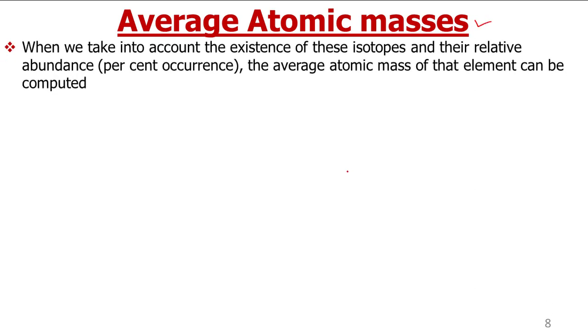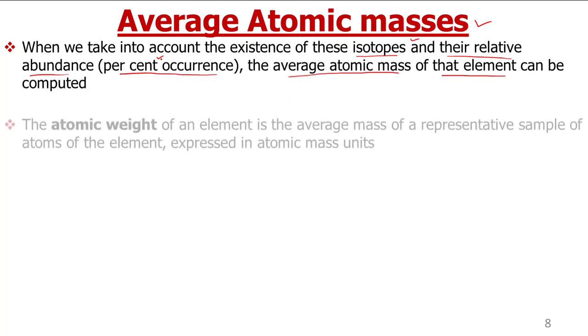From this there came a concept of average atomic masses. Now we know that an element can be a mixture of different isotopes, and their relative abundance, meaning percent occurrence, changes. Then we can calculate the average atomic mass of that element with the help of this information.